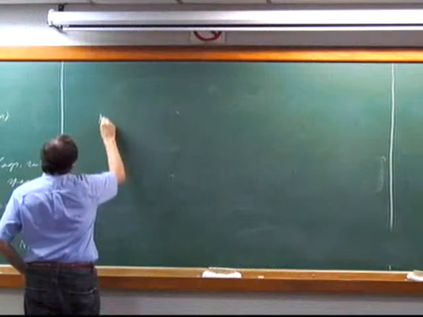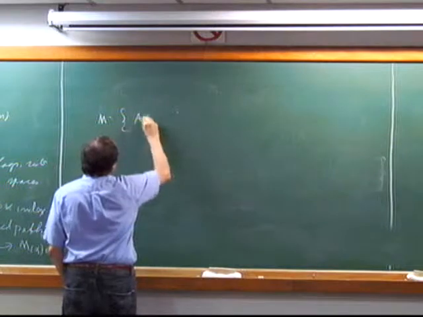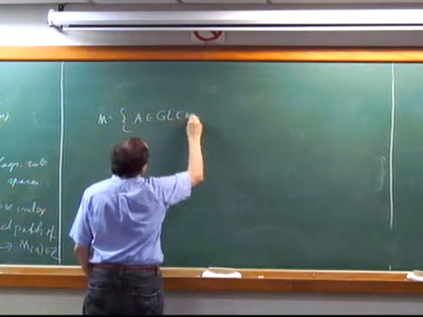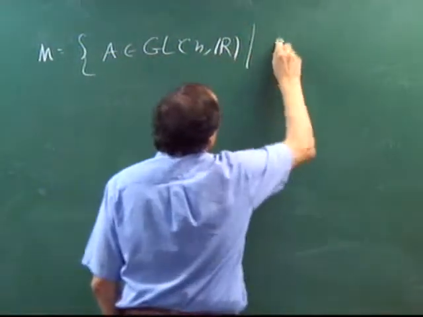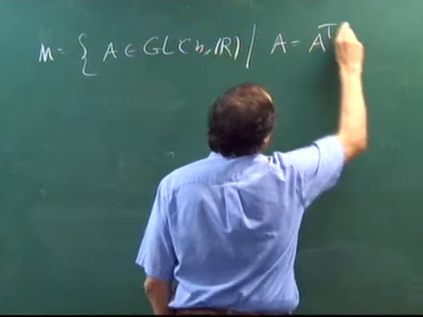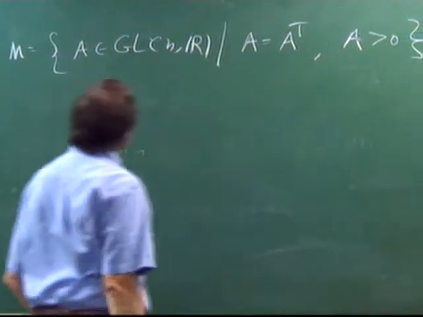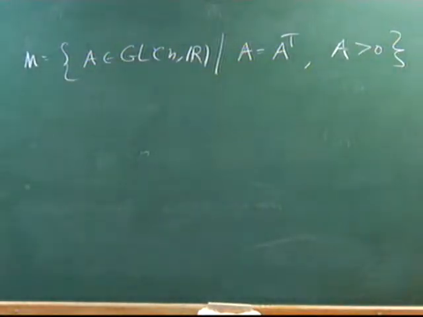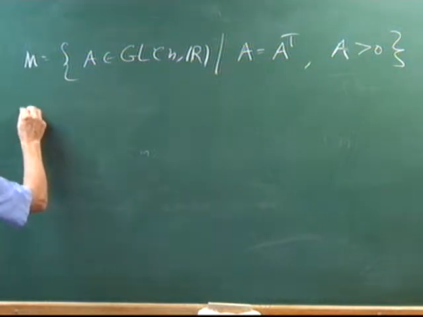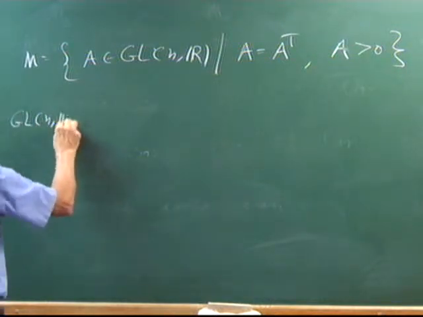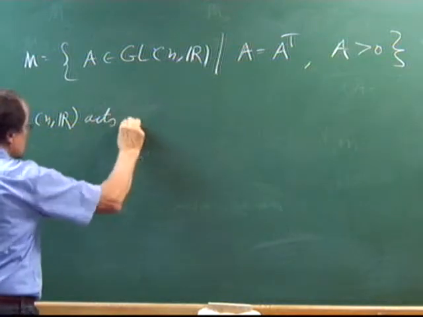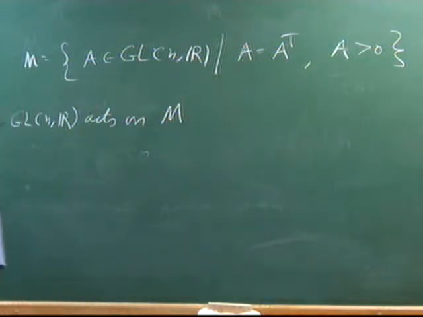So now M is the set of A in GL(n,R) where A is symmetric and A is positive definite. Okay. So now we just look at this space in terms of matrices, a little bit easier to study. And then we have a transitive action there. I claim that GL(n,R) acts on M by conjugation.